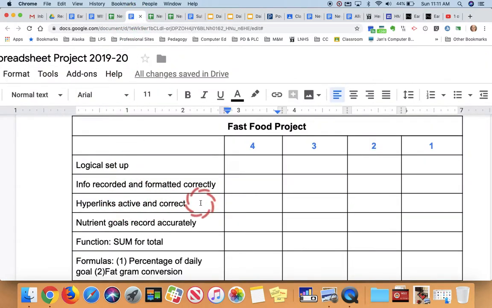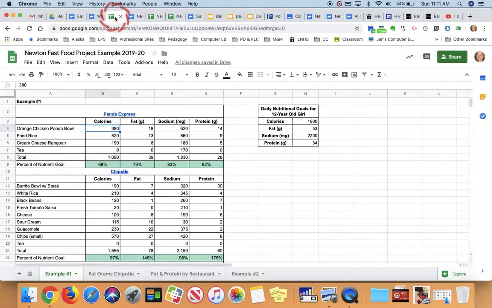Hyperlinks active and correct. So I went through hyperlinks together as a class. On your hyperlinks, what I'm looking for is that they are active and that they work. So I will click on them and make sure they open the correct nutritional information. Remember that you must have used the actual company's website for your nutritional information.